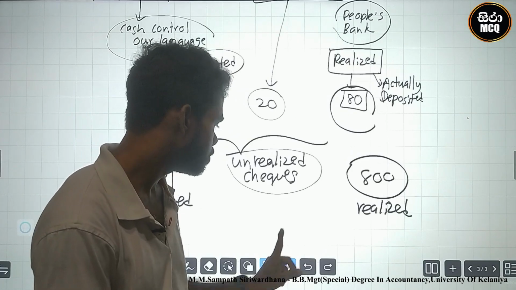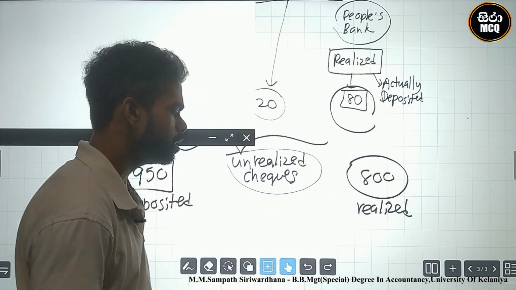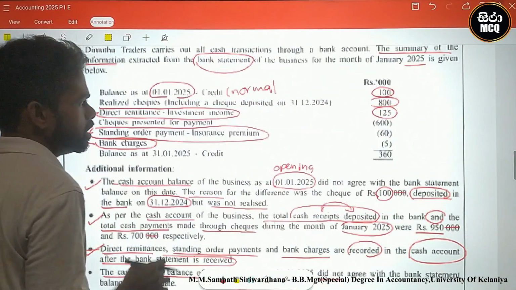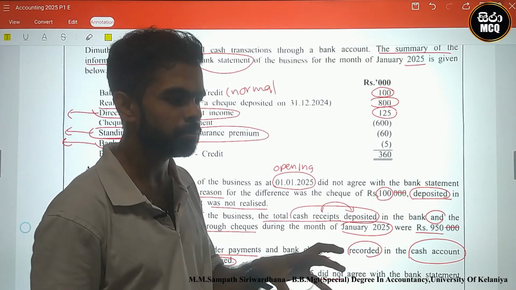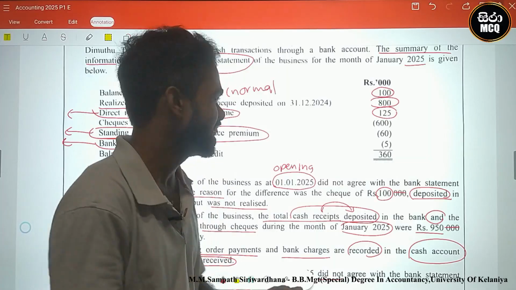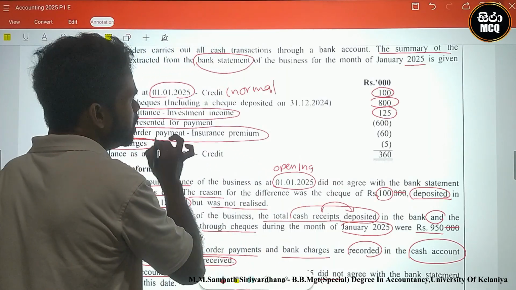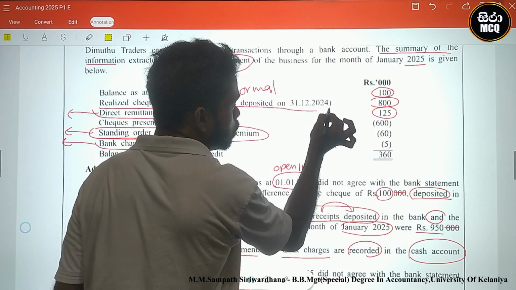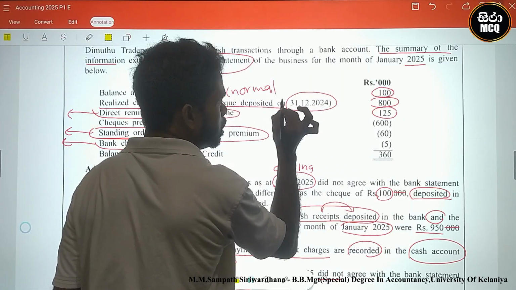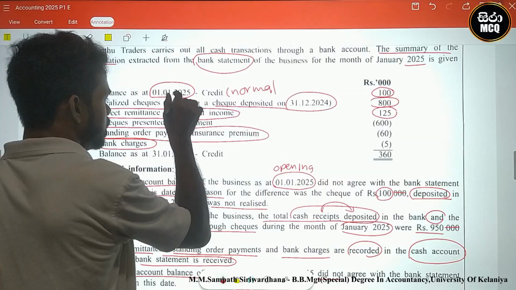No, look here, another problem. They said that realized checks, meaning actually deposited, include checks deposited on 31st December 2024.